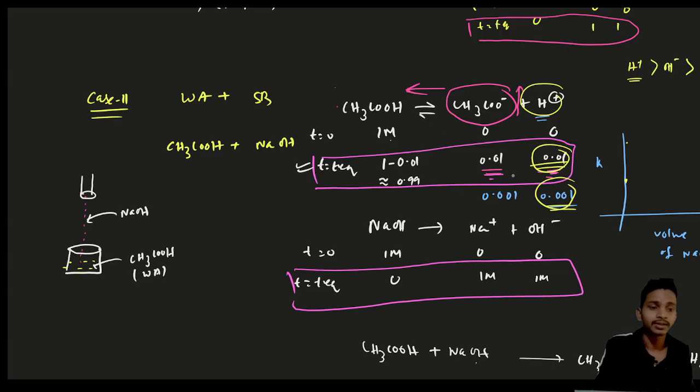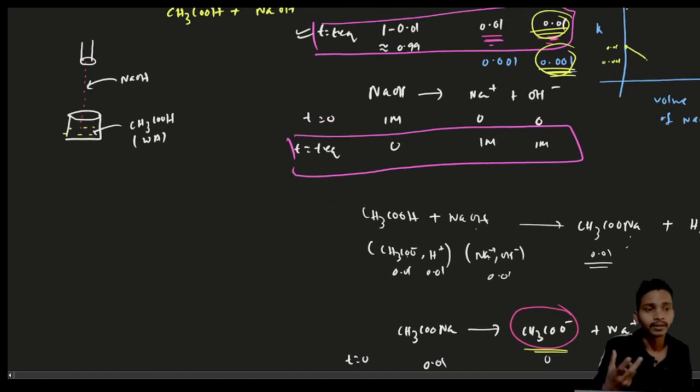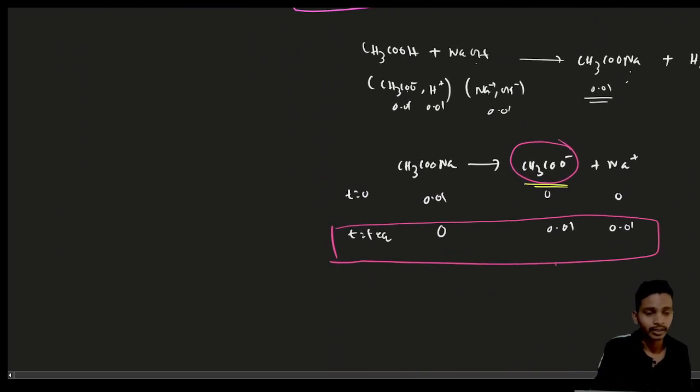So the dissociation decreases to a very small amount. Let's say 0.01 was there, here it again decreases to 0.001. After that, whenever I am adding NaOH again, then what happens?